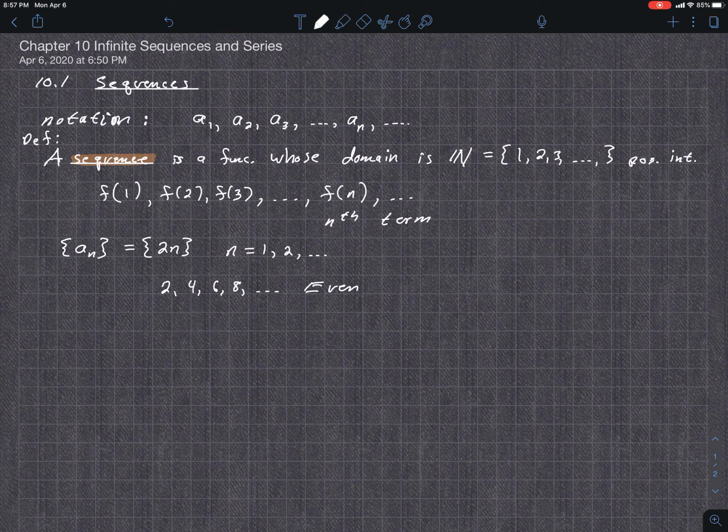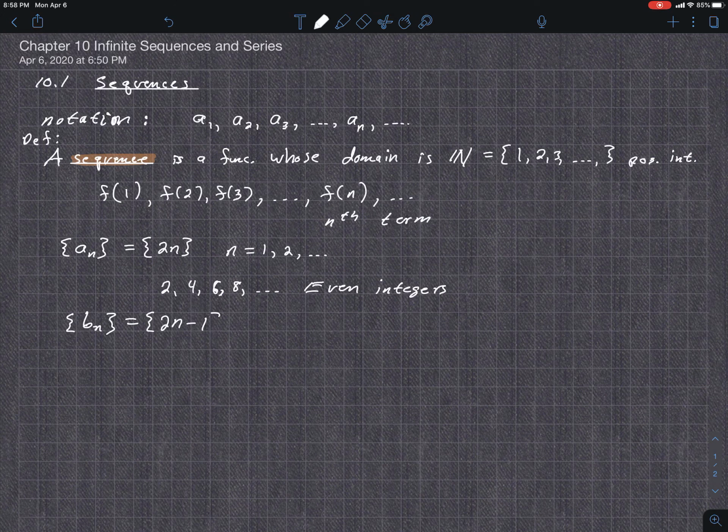So what type of sequence is this? What would you call those? Hopefully you all answered: those are even integers. That's the sequence of just even integers. You can do odd, so those are evens. Let's define another one, maybe b sub n.